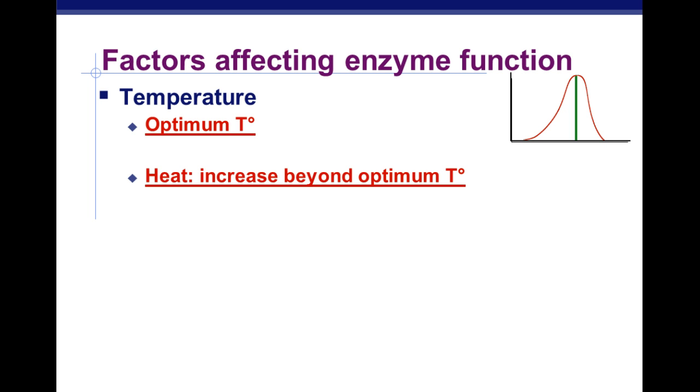Now remember, the relationship between enzyme and substrate is all about shape. Because remember, the specificity comes from the complementary shape of substrate and enzyme. So if we change that enzyme shape, can you imagine what might happen?